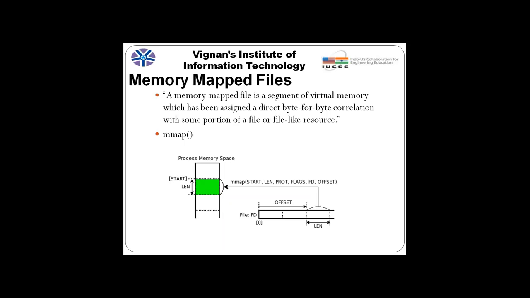MongoDB will use as much free memory as it can, swapping to disk as needed. Deployments with enough memory to fit the application's working dataset in RAM will achieve the best performance. This is how the process memory space works with memory mapped files, how it starts and how it works.